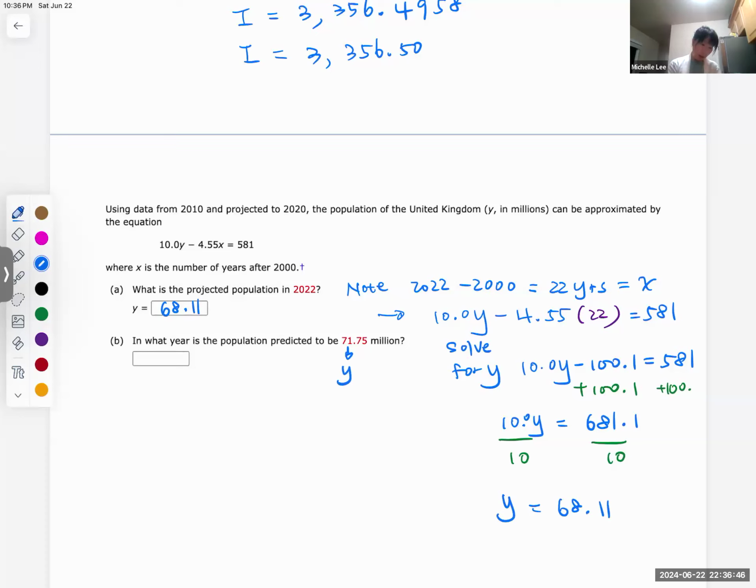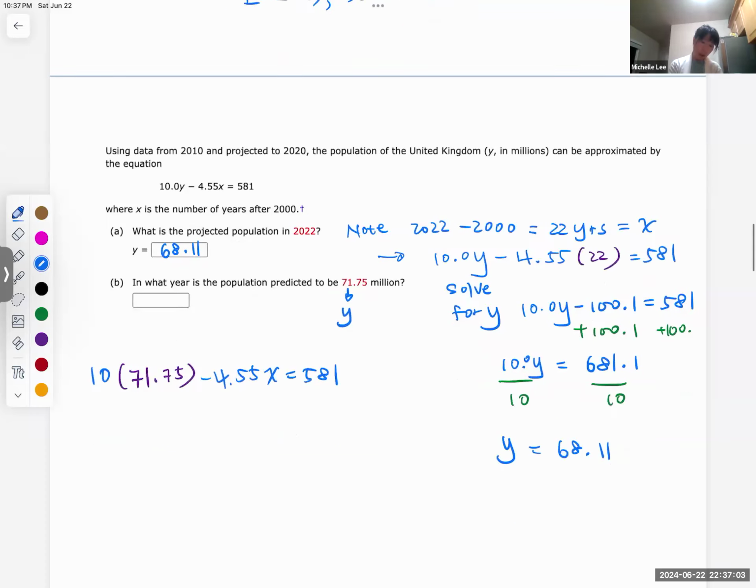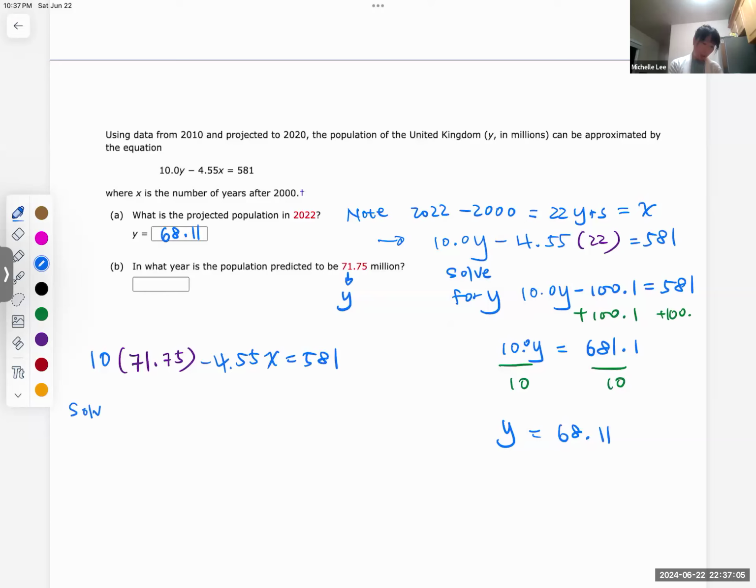Okay, so 10 times 71.75 minus 4.55x equal to 581. Solve for x.